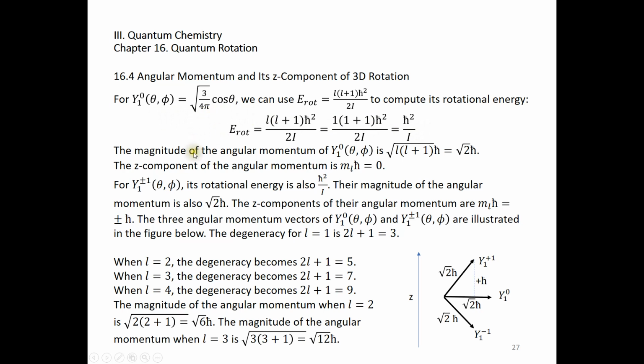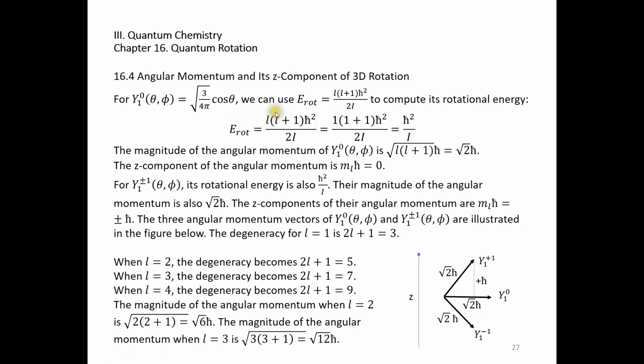The magnitude of the angular momentum is the square root of L times L plus 1 and then times h bar. In this case, L is 1. So the magnitude of the angular momentum of this wave function is square root of 2 times h bar. So over here you can imagine that on top we have the angular momentum squared.